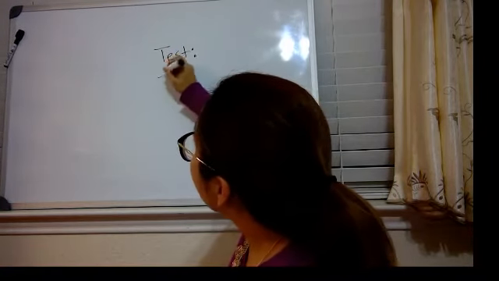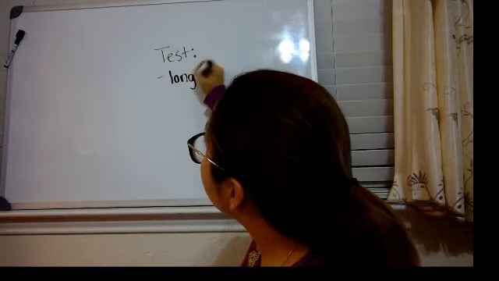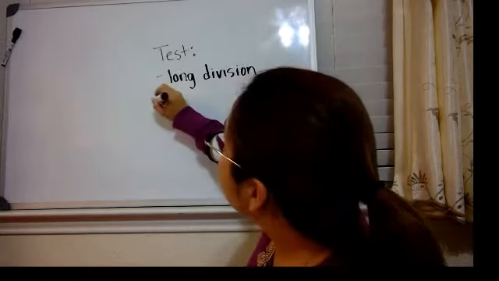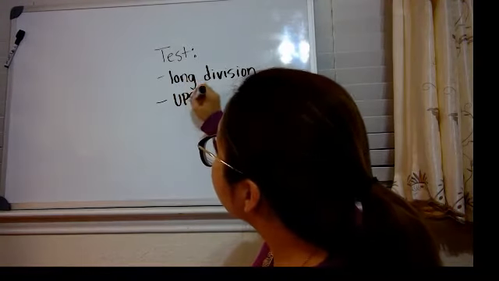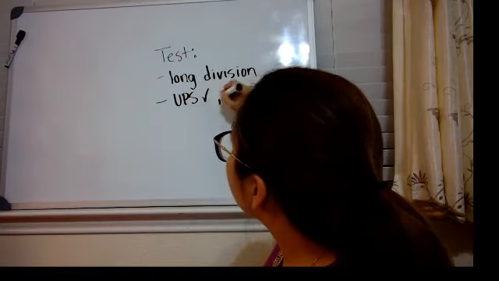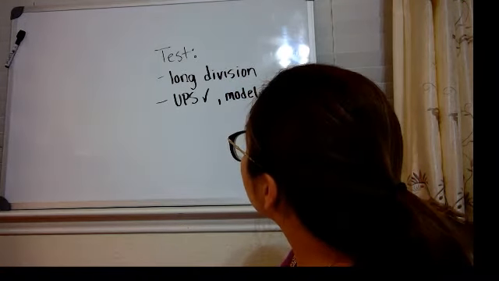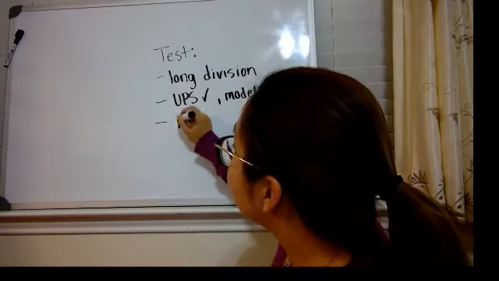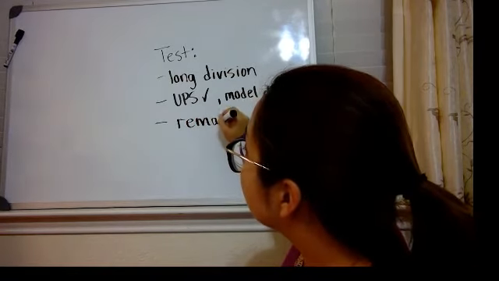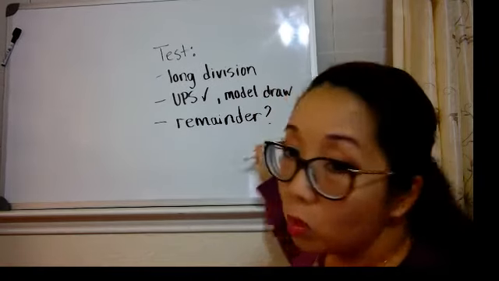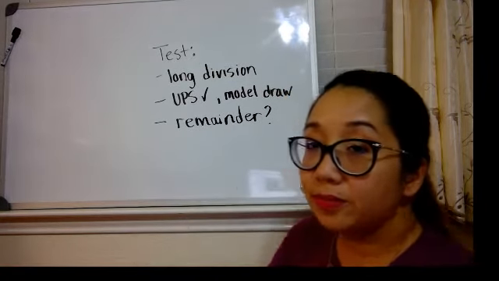You're definitely going to have some long division, definitely some model drawing situation. You're definitely going to have to interpret a remainder. Okay, what are you going to do with the remainder?